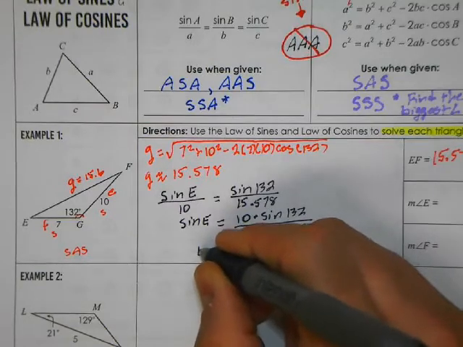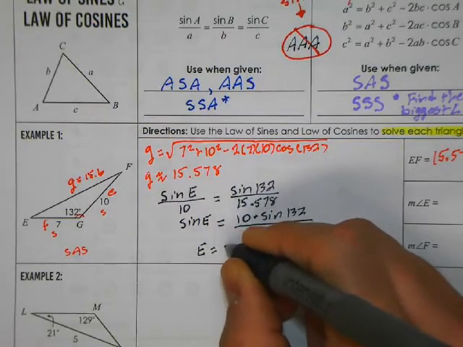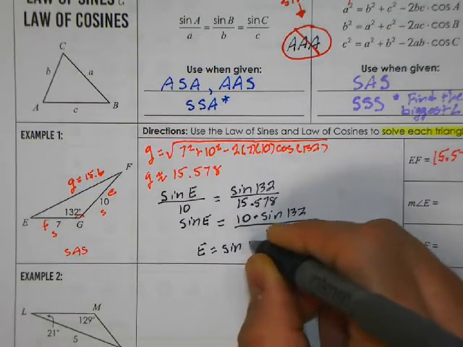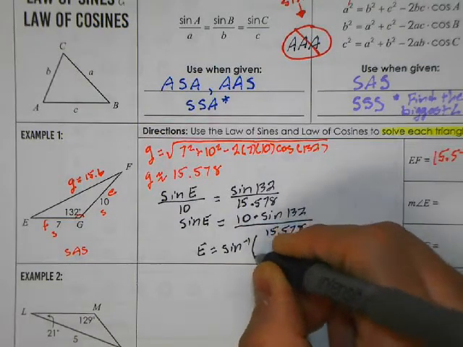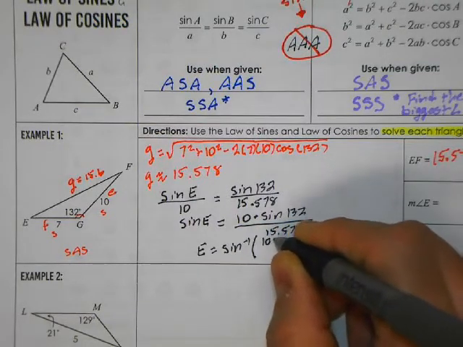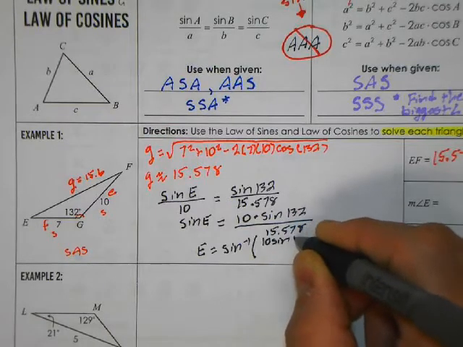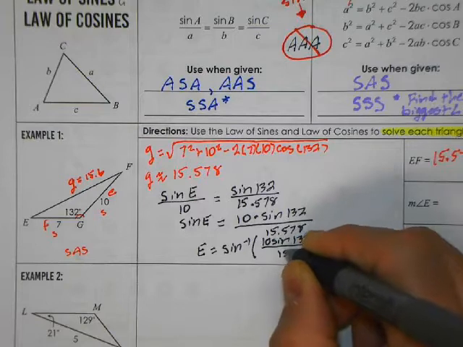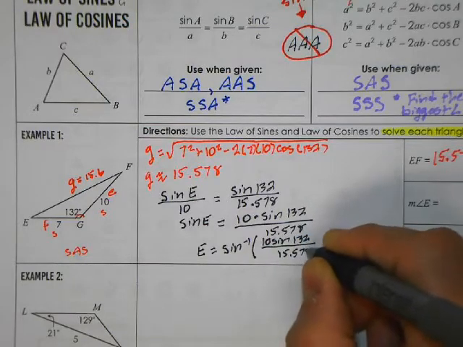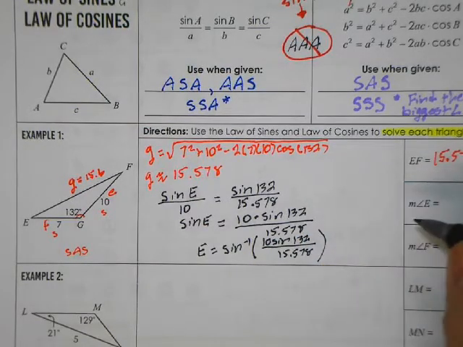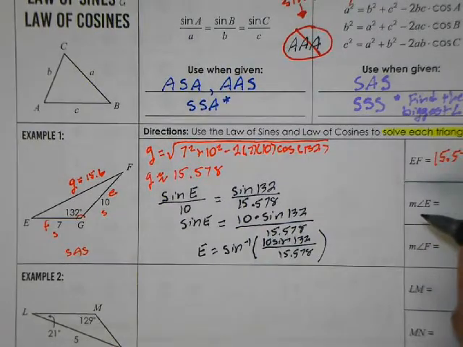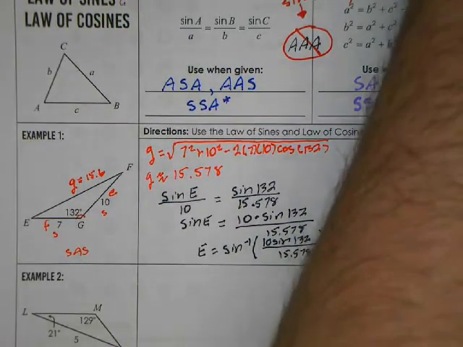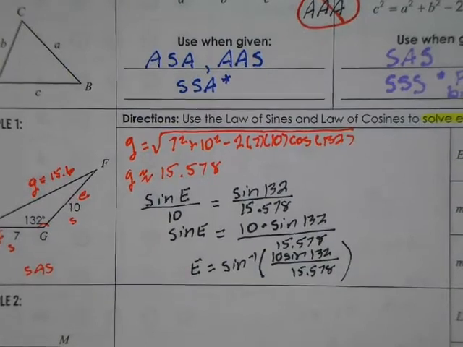So here I will say E will be equal to the inverse sine of 10 sine of 132 over the 15.578. Let me go ahead and zoom in just a little bit here so we can see the numbers okay.